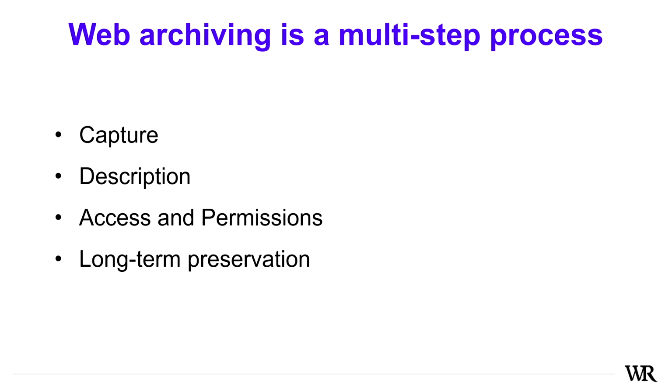Also, web archiving is about description. So you have URLs, but then what's the context about that URL? What is the content that you preserved? Why is it important? How can we tell others about it or give them an idea of why I preserved it? Just some generalized context for it. As well as access and permissions.